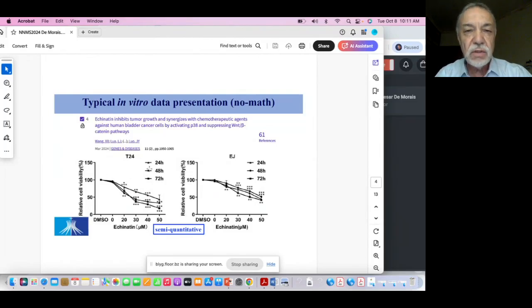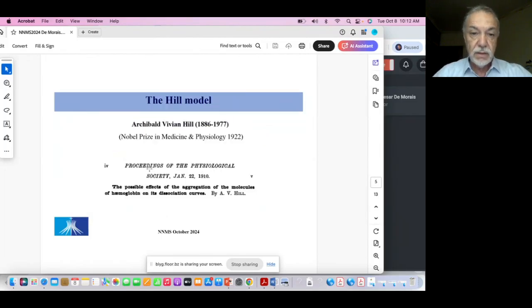But it is only a very good qualitative analysis, or I can say semi-quantitative analysis. So we want to, using a mathematical model and curve fitting, manipulate data and extract from this manipulation precise information.